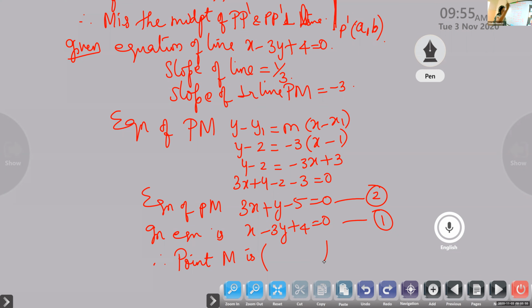Shivani, what value are you getting here? Which method are you applying here? Is it elimination or substitution? Elimination.